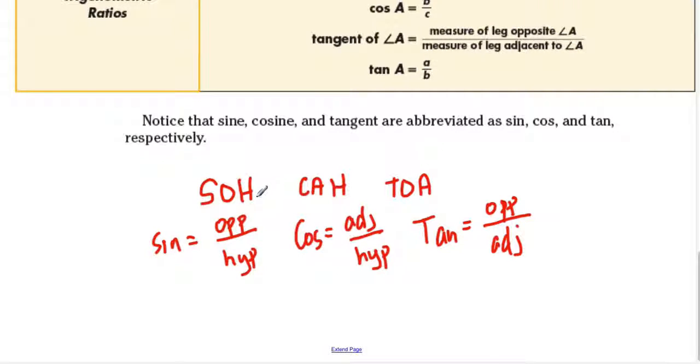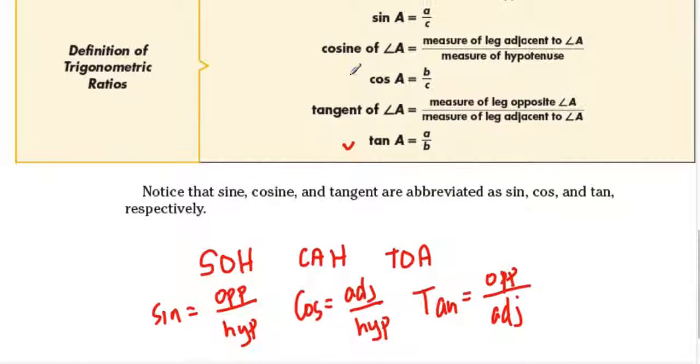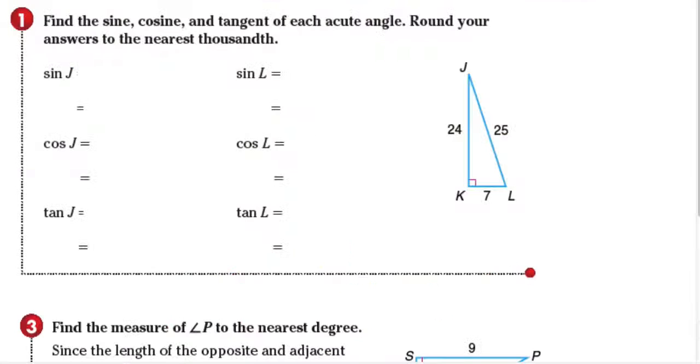So write this down whenever you are doing trigonometric ratios and you'll be fine. Or if you want, you can memorize these. That's fine too. But it's easier to memorize SOHCAHTOA because when you get to high school, you are going to use this again. So let's move on and look at example number 1.